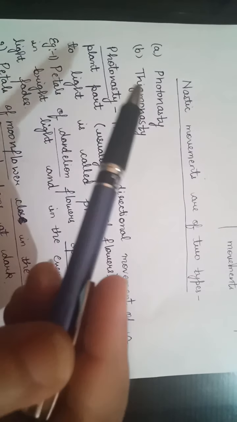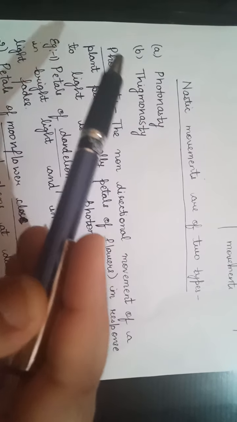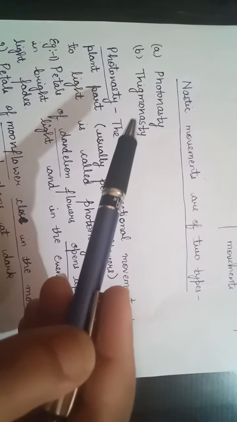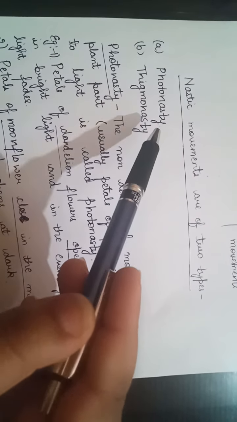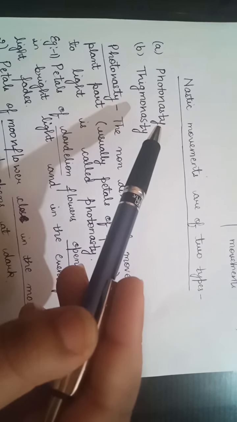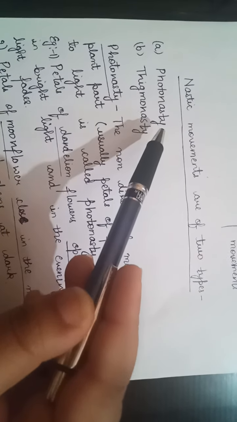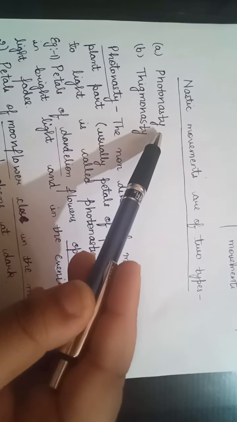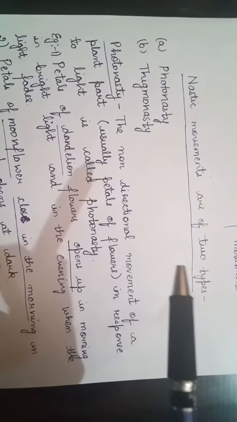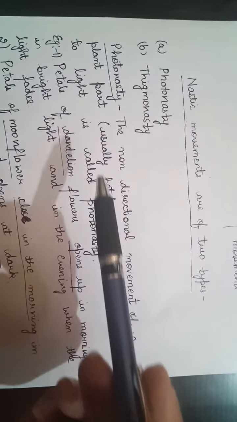And phototropism is related with the bending of the stem towards the light, and photonasty deals with the folding and the closing of the petals in the presence of light or in the absence of light. Now let's discuss photonasty.